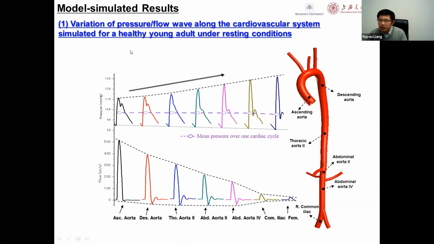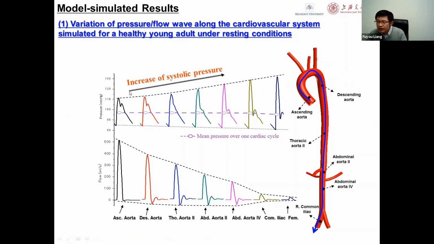Using the model, we first simulate pressure and flow waves in the cardiovascular system for a healthy young adult under resting conditions. Here I show the model simulated variation in pressure wave along the aorta from the root of the aorta, which is close to the heart, to the peripheral artery.